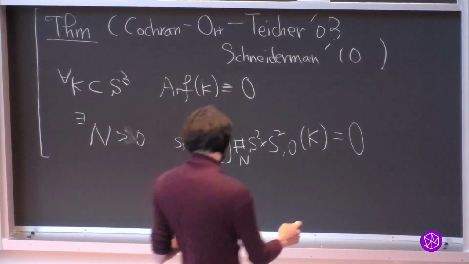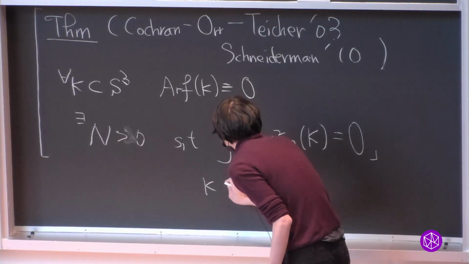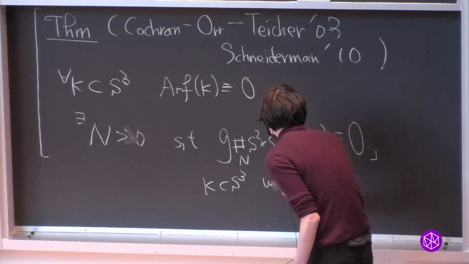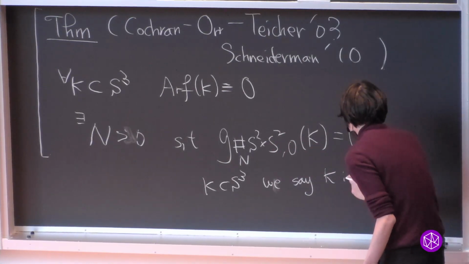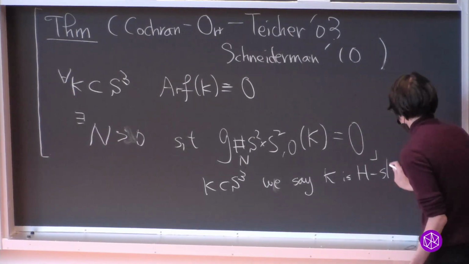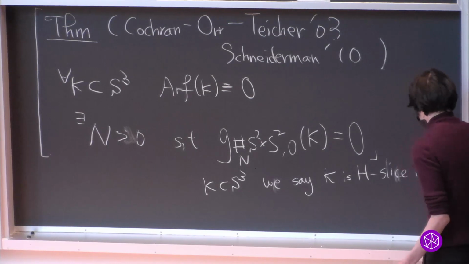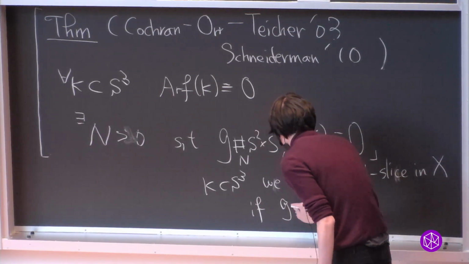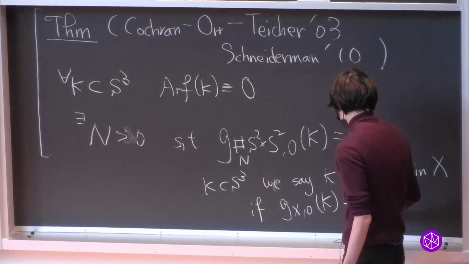For a knot in S^3, we say K is H-slice in a closed four-manifold X if the relative genus with zero homology class is equal to 0.